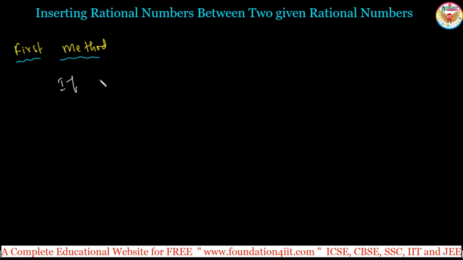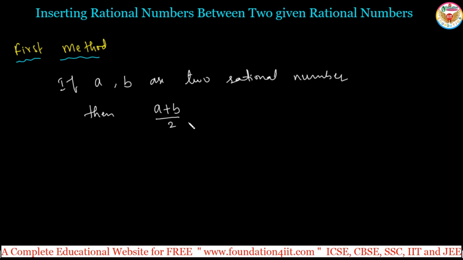If a, b are two rational numbers, like 2, 3, or 5, 7, or 3, 4, then a plus b by 2 is also a rational number that is exactly between a and b.